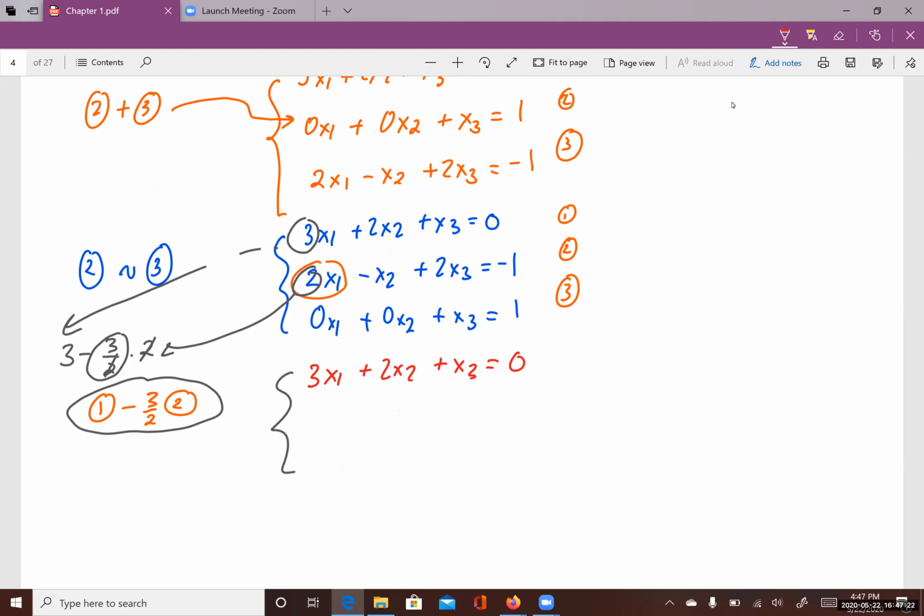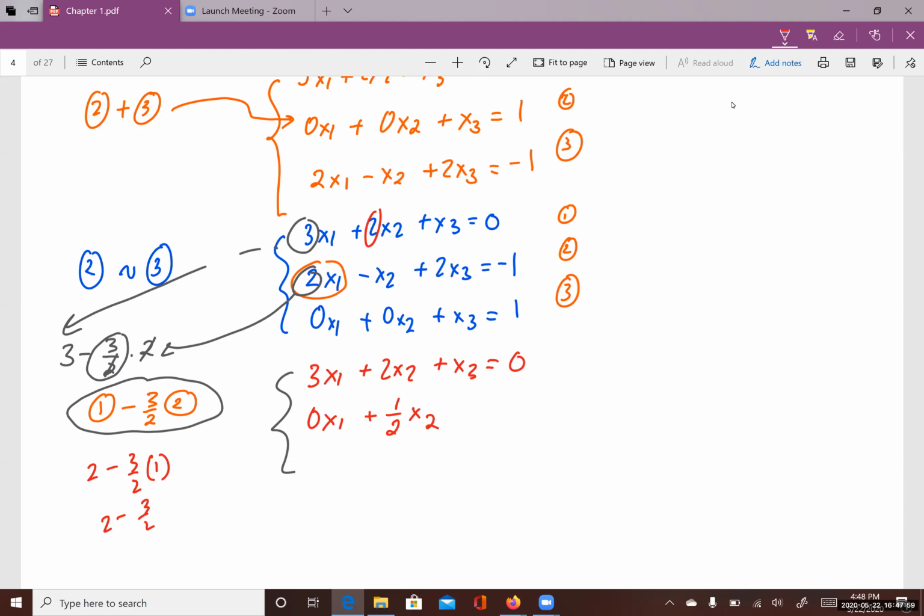The second equation will be, I'm pretty sure, that the first coefficient will be 0 x1, because that's what I did. And then the second one will be 2 minus 3/2 times 1, right? So you have 2 minus 3/2, which is 4/2, it's just 1/2 x2.